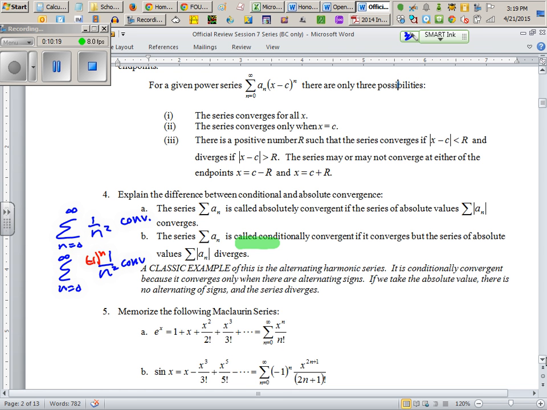Now, why is it more likely that something with negatives would converge? Yeah, Jacob? Because the negative will cancel out with some of the positives, making it fewer positive terms. Yeah, that's right. So we would expect alternating stuff to converge more often because of all those minus signs. It keeps that value finite, see?